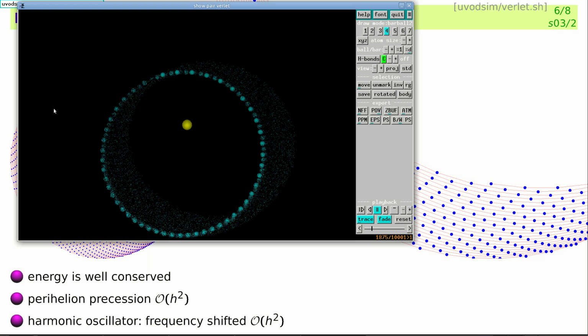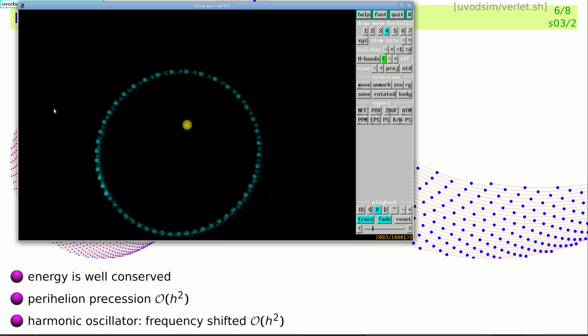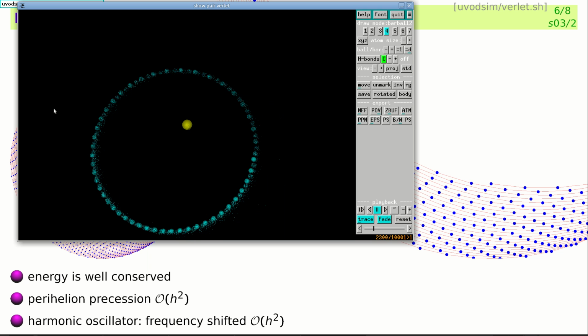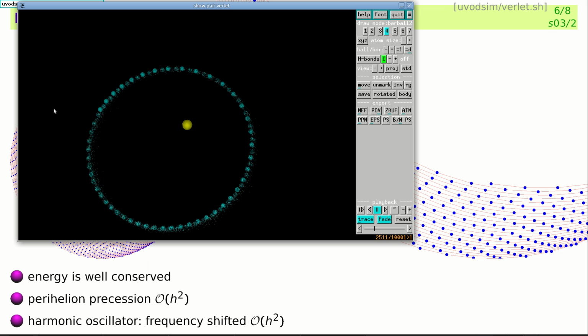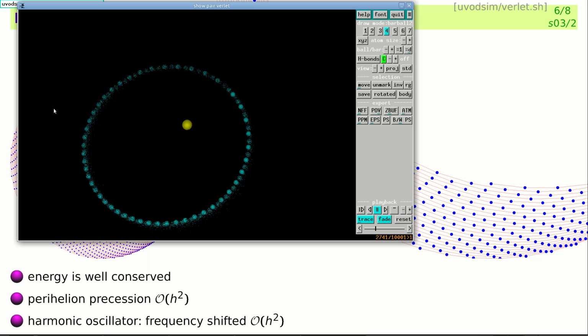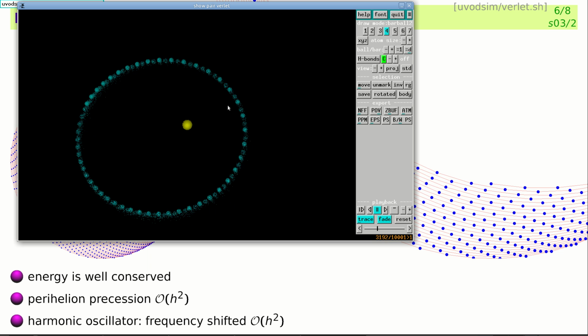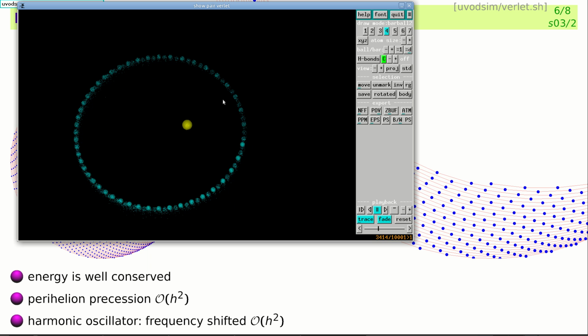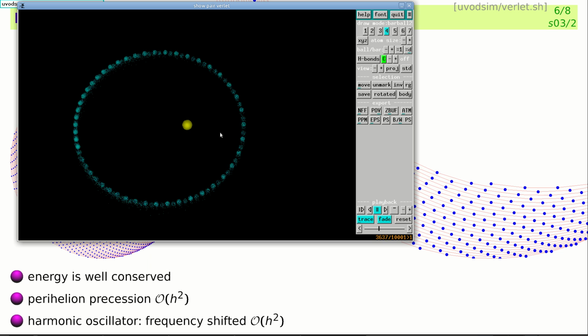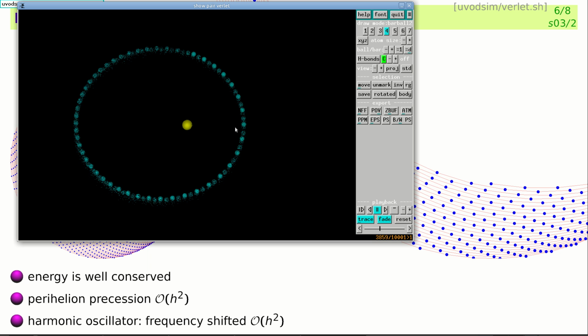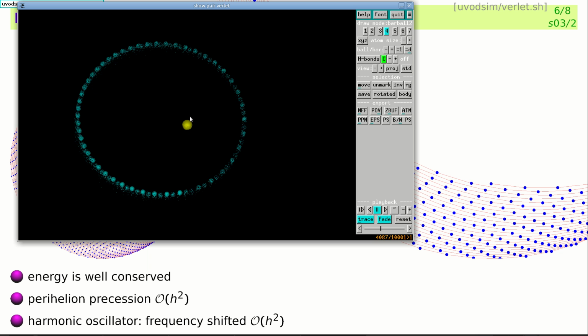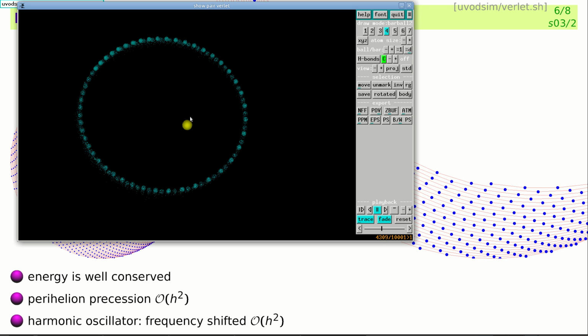So I leave it to draw, but there is also good news. The good news is that the energy is conserved. That is, the axis doesn't change. What is changing is only this precession of the perihelion, something like a phase error.